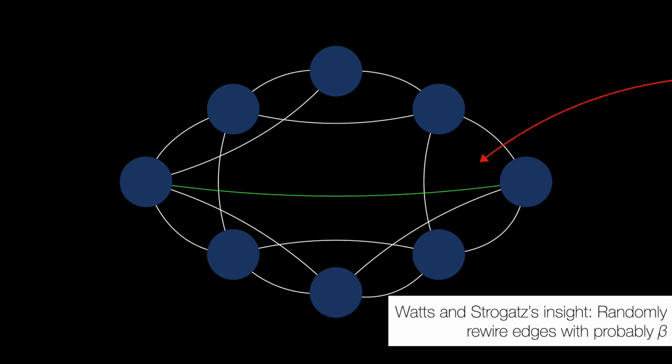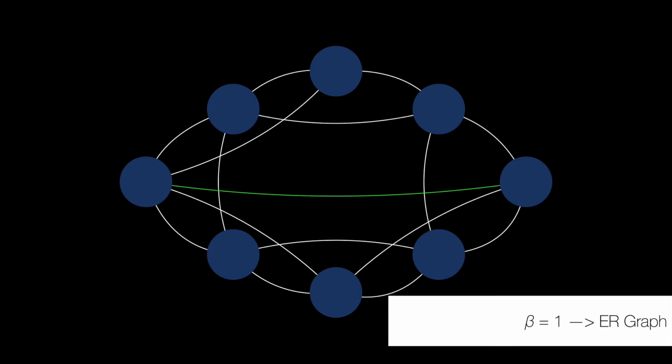So you can imagine that as this beta value approaches 1, then we're actually rewiring the entire graph into this random structure, and we get an ER graph. As this beta value goes to its max value, then we have degenerated to the Erdos-Renyi model that we've already discussed.